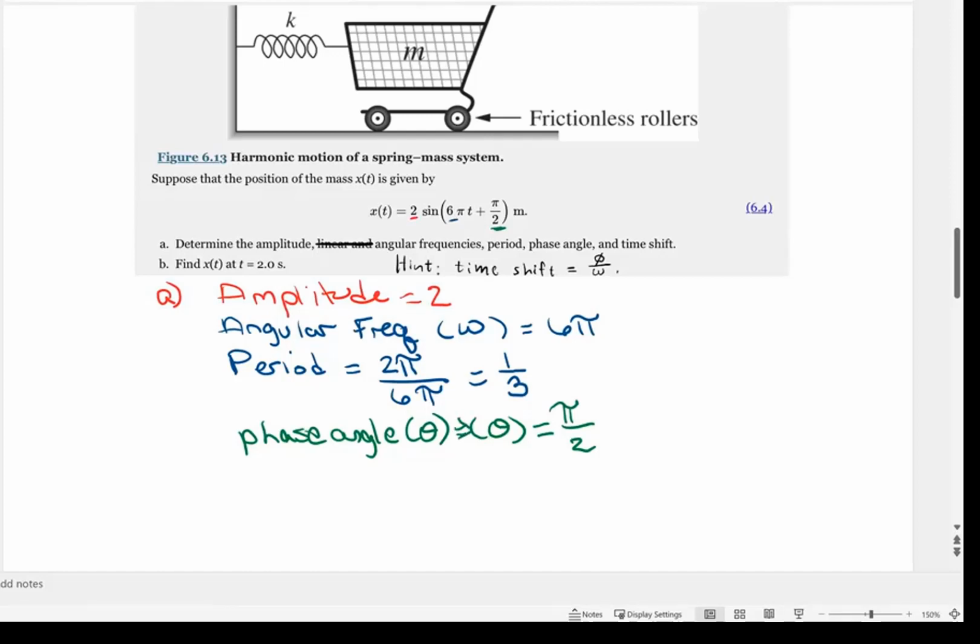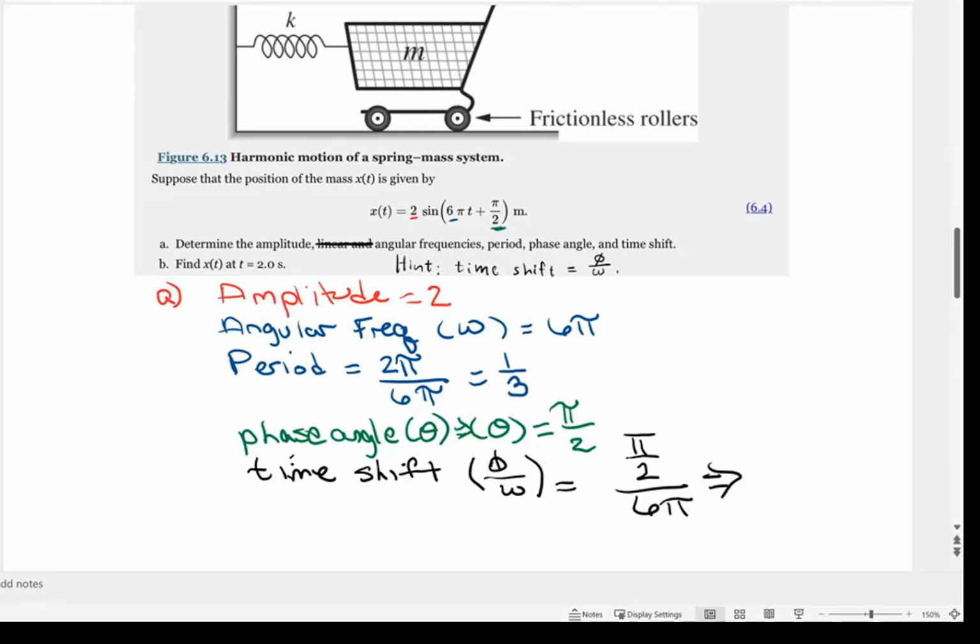And then let me choose black. And our time shift is equal to theta over omega, which is pi over 2 over 6 pi.